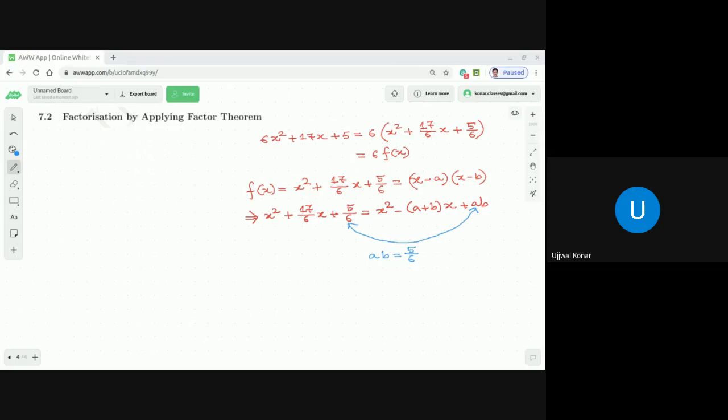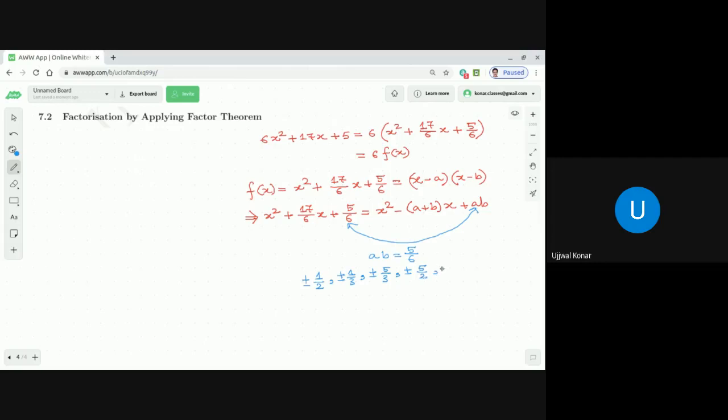Correct or not? Now we need to find the different factors of 5 by 6. What are the different ways we can write a and b so that their product is 5 by 6? What are the possible values? The different factors we can get are plus minus 1 by 2, plus minus 1 by 3, plus minus 5 by 3, plus minus 5 by 2, and plus minus 1.